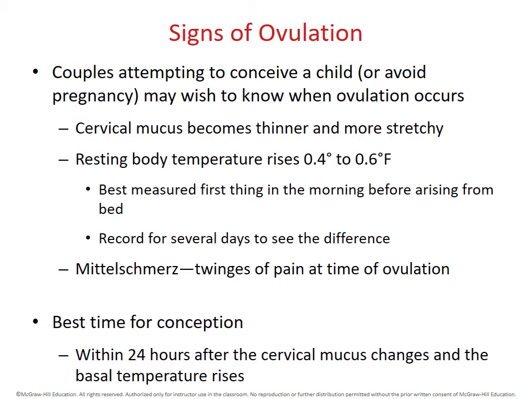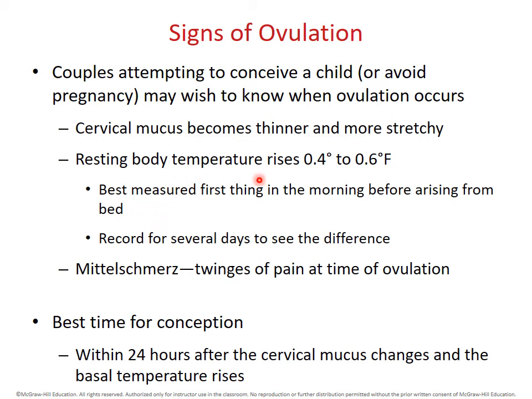Now, if you're using some kind of rhythm method to try and get pregnant, it's important to know when ovulation has occurred. So, of course, you want to try around day 14. You also want to be sensitive to various signs of ovulation. The cervical mucus changes and becomes thinner. The body temperature rises slightly during ovulation.